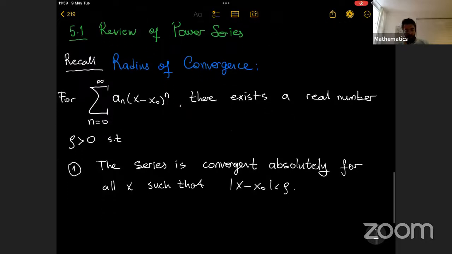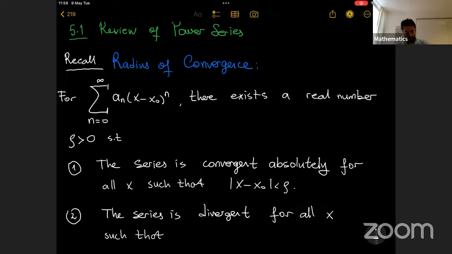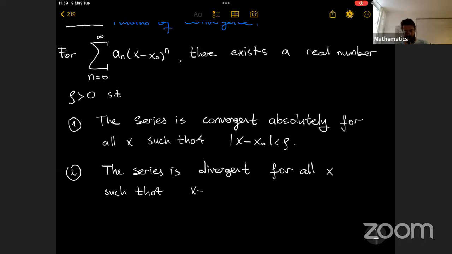Okay. And second, it is divergent outside of the interval. The series is. I will explain this with geometry, so you get it better. The series is divergent for all x such that the absolute value of x minus x naught is bigger than rho.